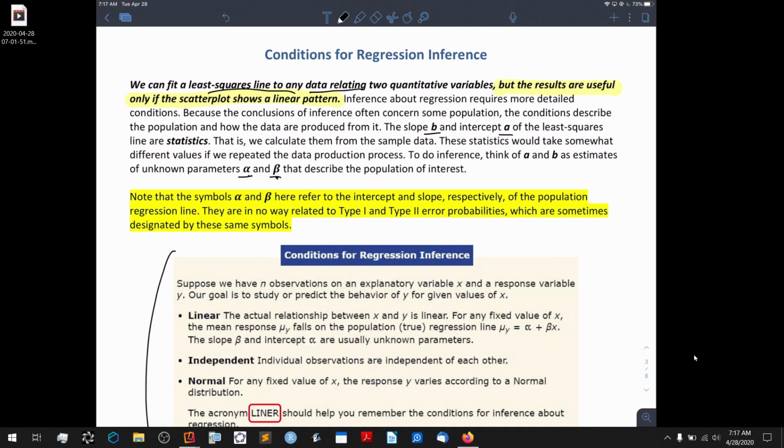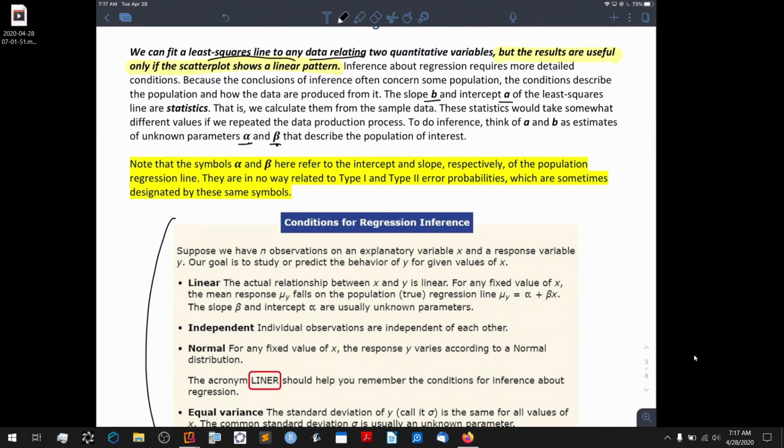Beta means the slope of the population regression line. It's confusing because they were also used in other ways. Beta was also the probability of a type 2 error, and alpha is our significance level or the probability of a type 1 error. So don't get confused by that here. It's pretty confusing.